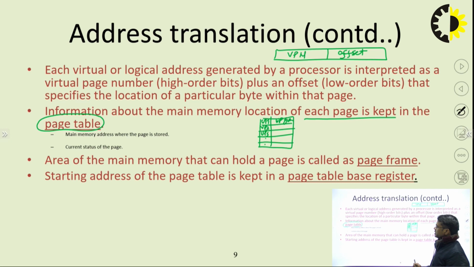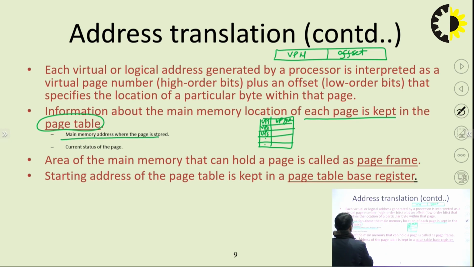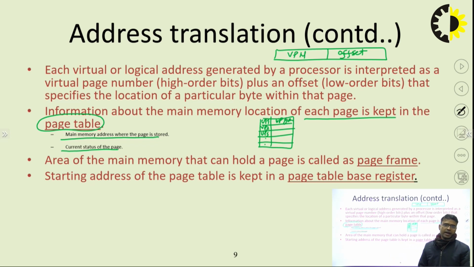Every process has one page table which maintains the virtual pages available in the main memory, and that will be important when we are referring to a particular page again and again. It holds the main memory address where the page is stored, and it also stores the current status of the page, that is, how we are accessing this page. The area of the main memory that holds a page is called a page frame.